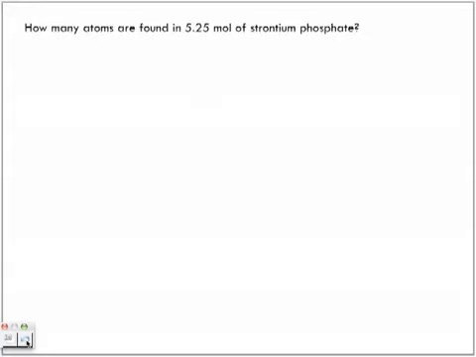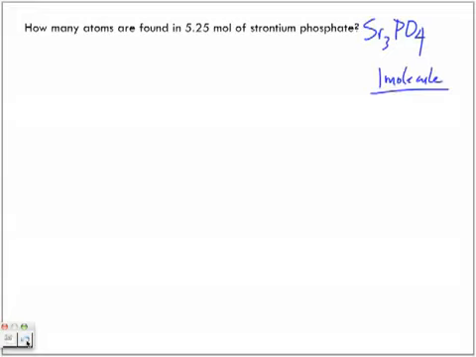How many atoms are found in 5.25 mole of strontium phosphate? Okay, take a minute. So, someone give me the formula for strontium phosphate. Sr3 PO4. Good. So we know that we have in one molecule of this, right?